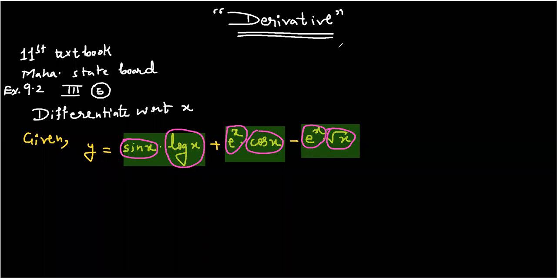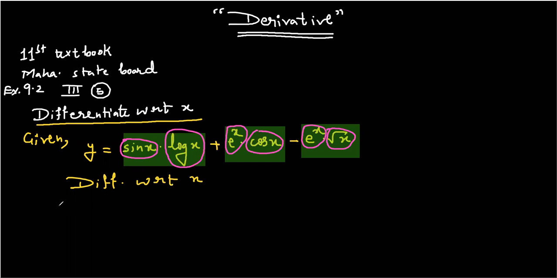So when you differentiate this with respect to x, as it is required, we have to differentiate the given function with respect to x. So I will write: differentiating with respect to x, both sides.